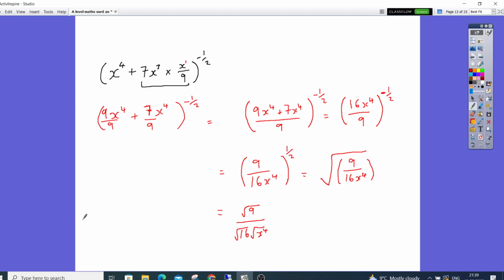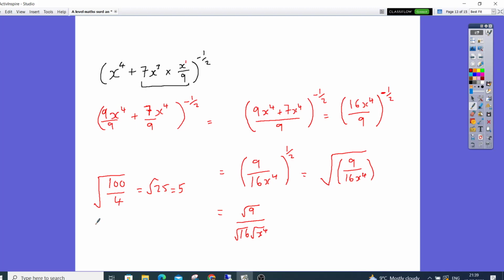It's like saying this. If I had 100 over 4, which I know is 25, 100 divided by 4 is 25, and if I square root 25, I'm going to get 5.